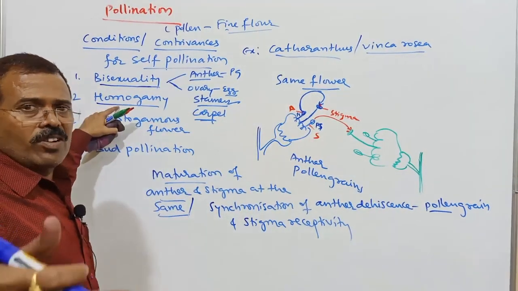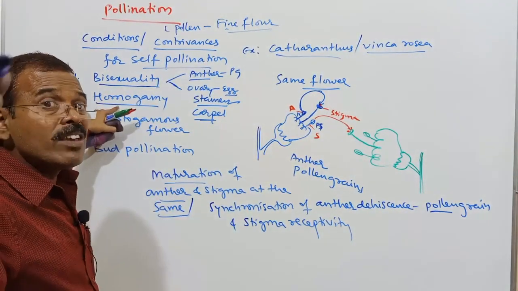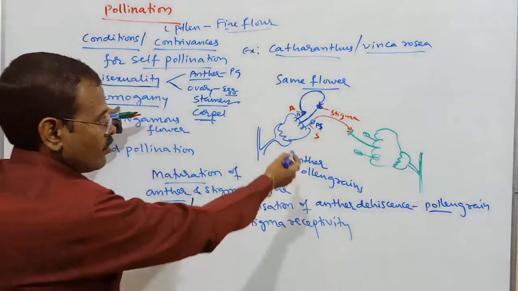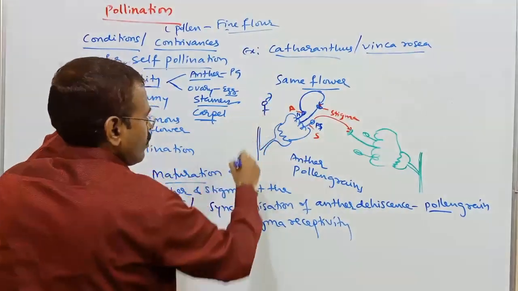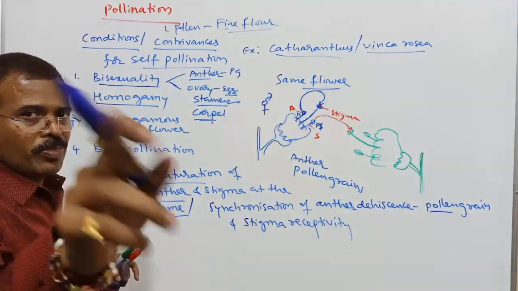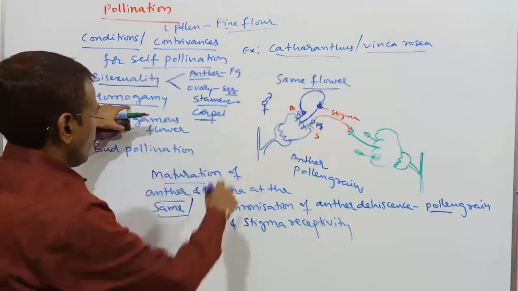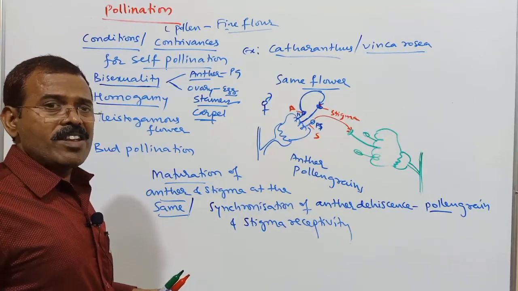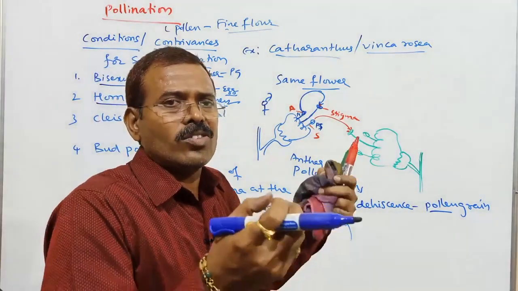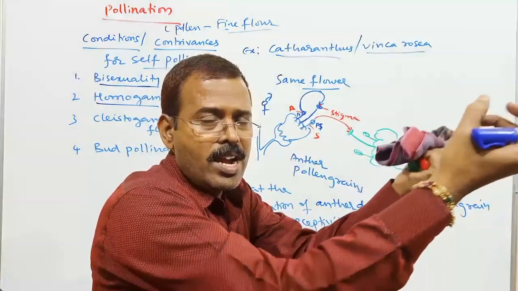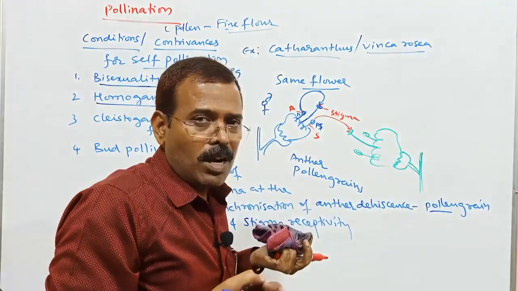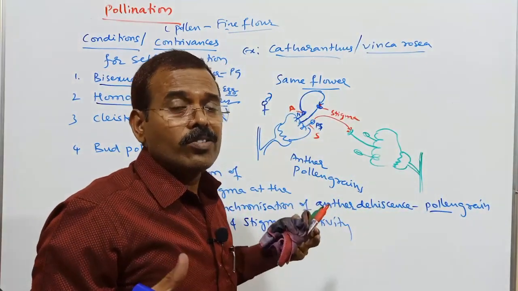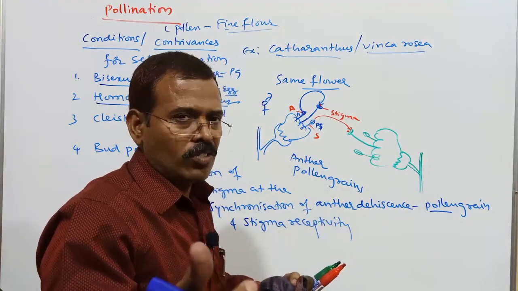So maturation of the anther and stigma in a bisexual flower. This is a bisexual flower. Maturation of the anther and stigma in a bisexual flower at the same time, or there is synchronization of the anther dehiscence to release the pollen grain and receptivity of the stigma for pollen grain should match in a bisexual flower.